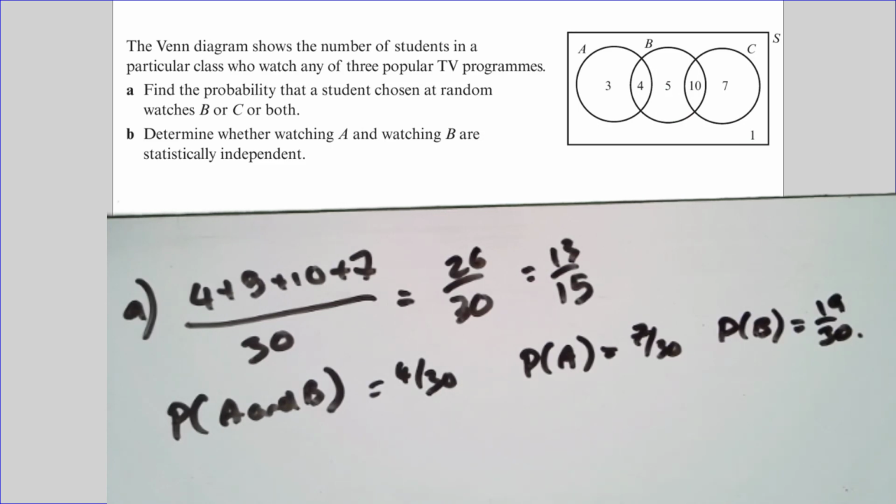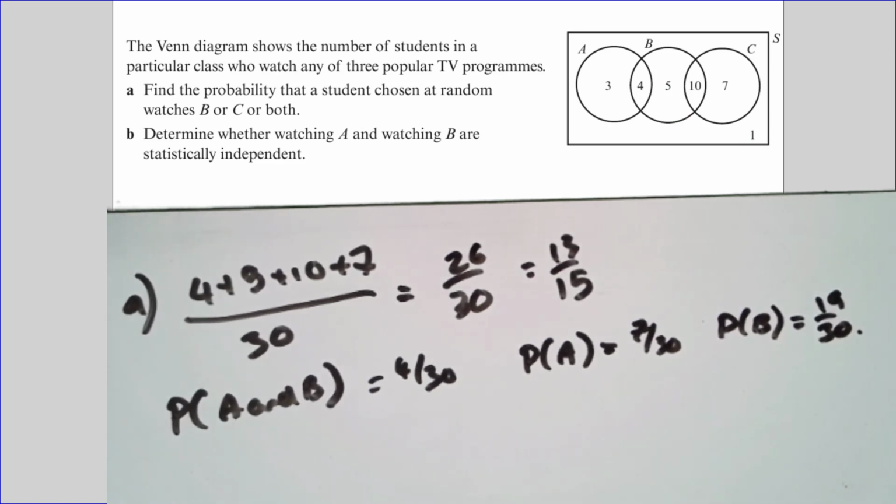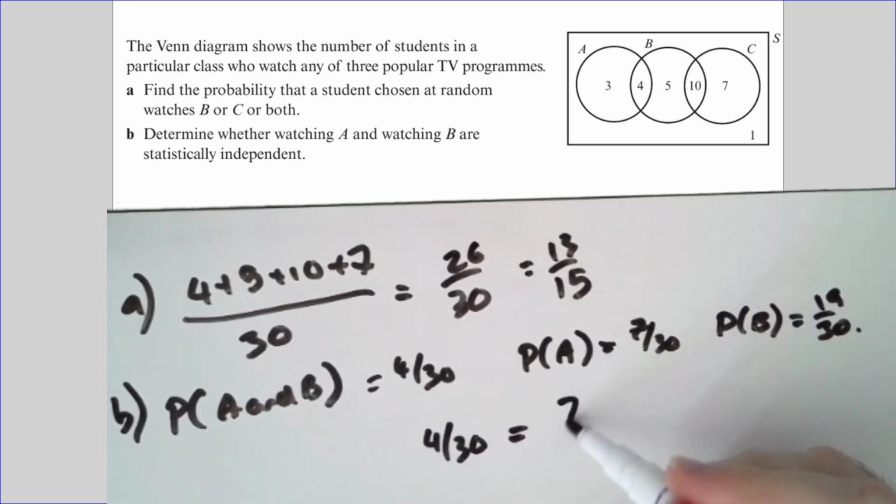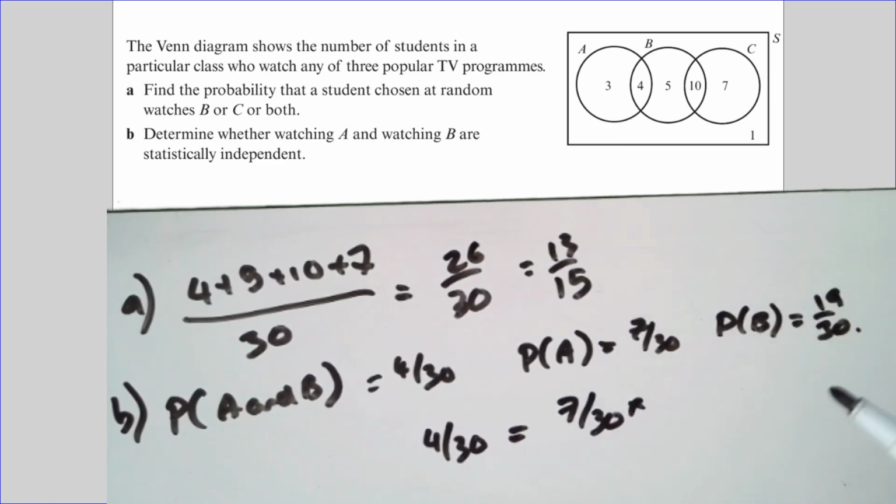Putting these together, if these things are independent, we should know that our 4 out of 30 must equal 7 out of 30 multiplied by 19 out of 30. Now you might be able to tell just by looking at it that these don't work, but we should find a way of showing that. So I'm going to make both of them out of 900.